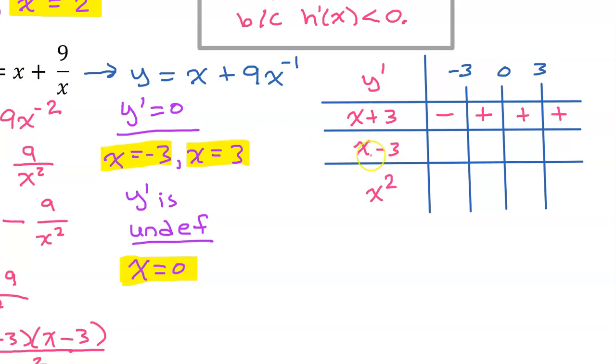X minus 3 equals 0 when x is positive 3. So focus on positive 3. Any value that is less than positive 3 will cause x minus 3 to be negative. Any value that is greater than positive 3 will cause x minus 3 to be positive. Of course, x squared will always be positive because it's something squared.